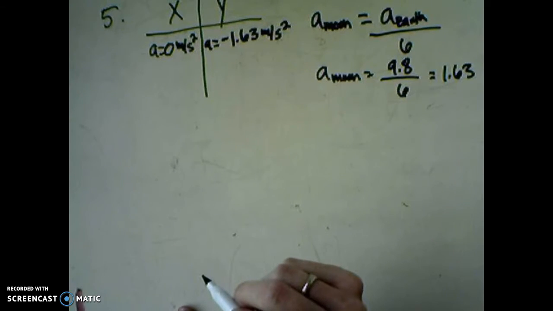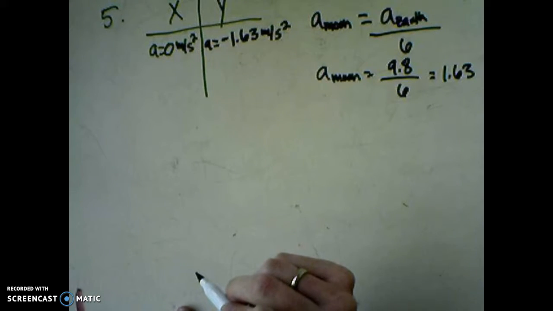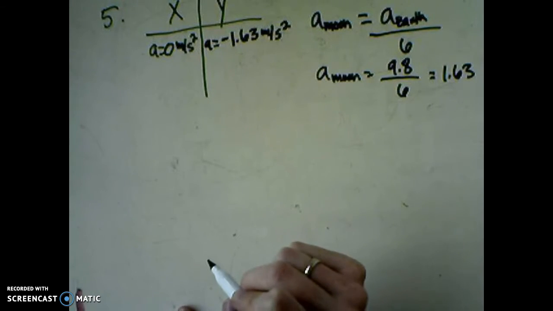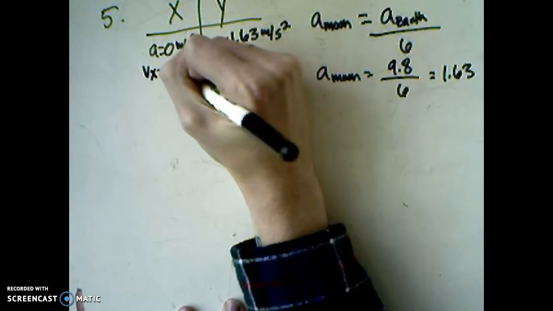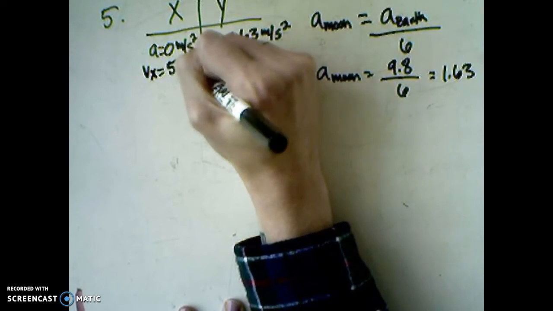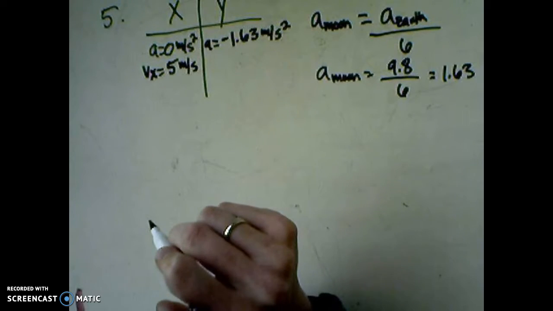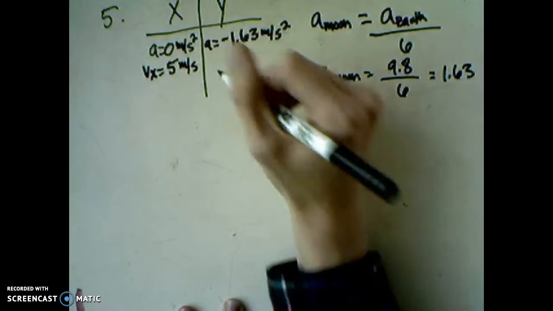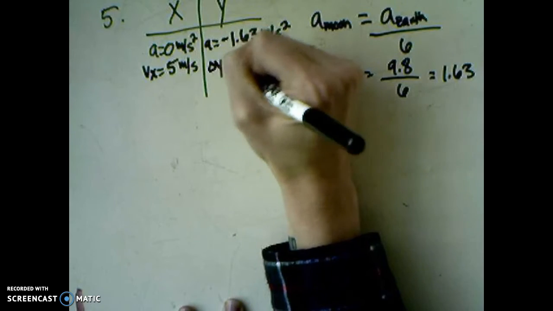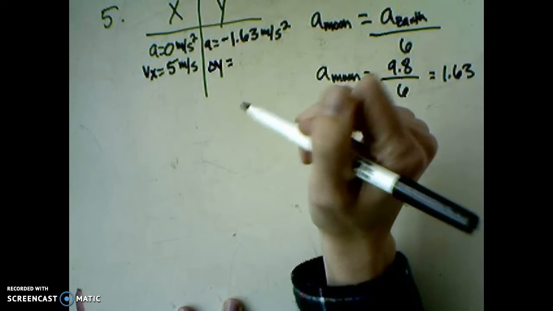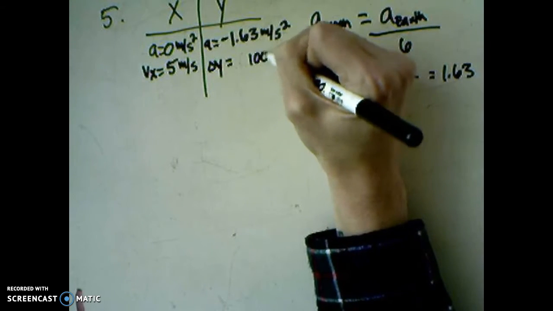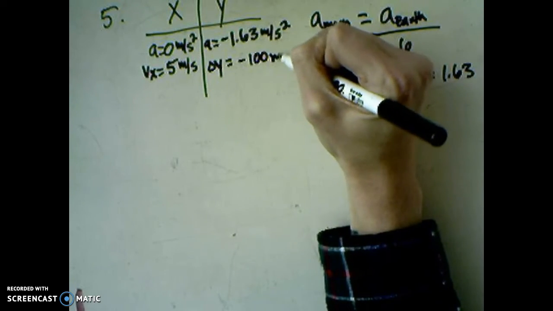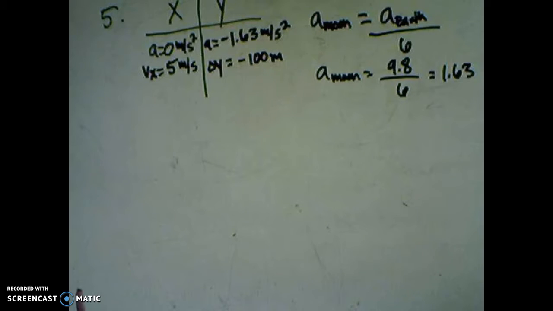Okay, I've got those pieces, and I've got a little bit more information. I also know that the Twinkie is thrown with an x velocity of 5 meters per second. And I know that the crater is 100 meters deep. So that means the Twinkie ends 100 meters below where it started.